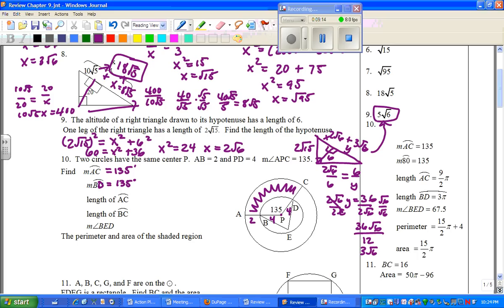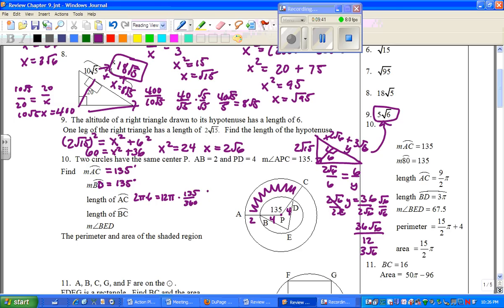So the length of AC now has a radius of 6, so you do 2 pi times 6, which is 12 pi. And you're going to be multiplying by 135 over 360, which reduces to a fraction.